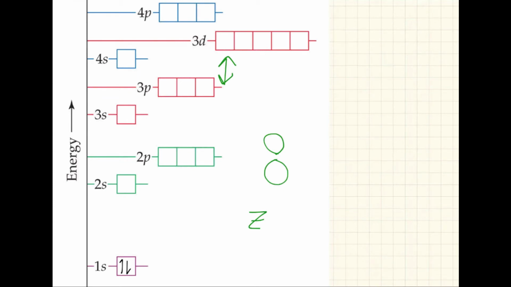I'm not the world's best artist. And we said that there was a node between these two lobes. In other words, there was a 0% chance of finding our electrons there. So imagine this is our nucleus, this little black dot here, and my electron is in a 2p orbital, which means it has equal probability of being up here in this lobe or down here in this lobe, but a 0% chance of being in the middle.